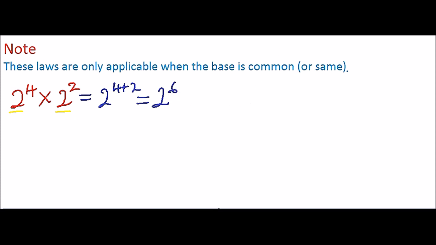But if we have an expression like 2 to power 4 multiplied by 3 to power 2, because the two bases are different, we cannot apply the rows of indices. So here you cannot apply the rows of indices, but you can do it there.